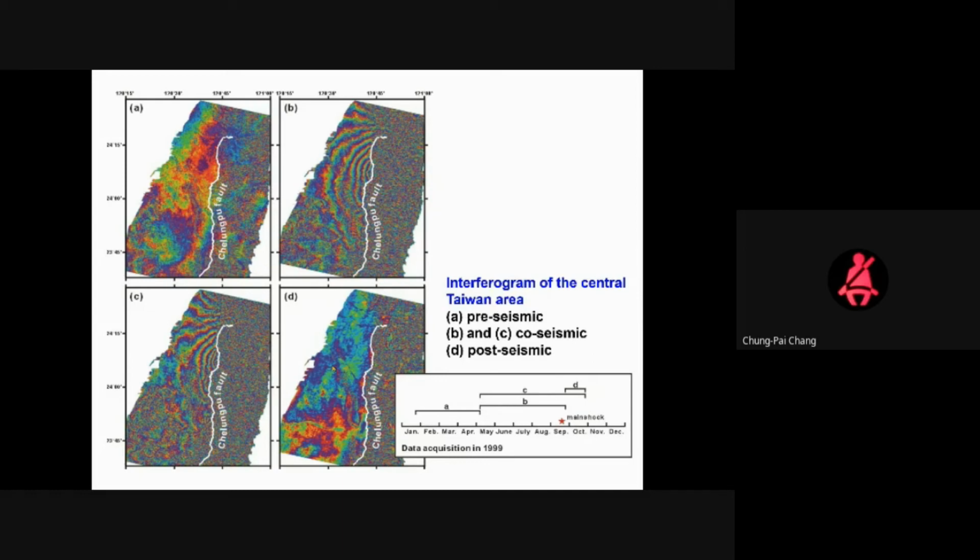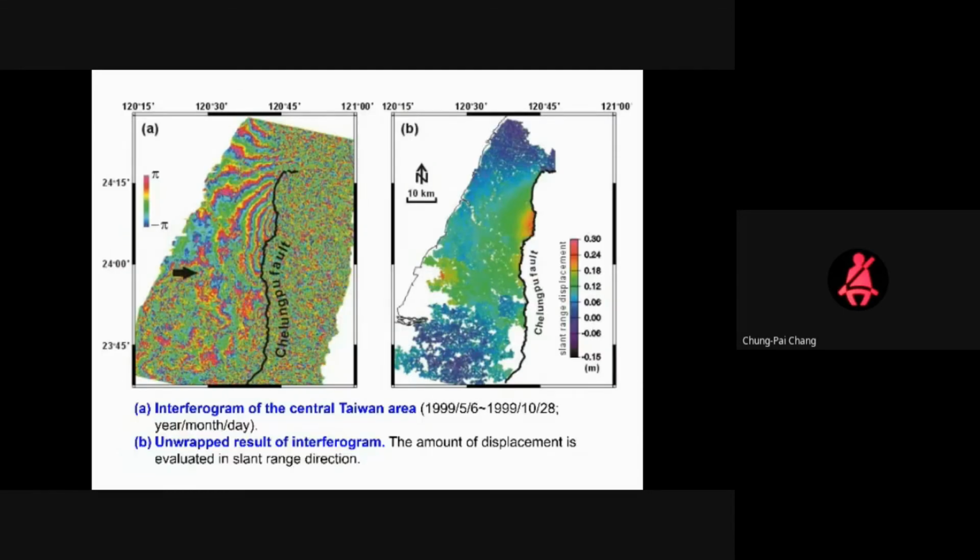Okay, so you can see A and D. You cannot see a clear pattern, but for these two interferograms including the earthquake event, you can see a very similar pattern. This is the Chelungpu fault, the earthquake fault, and in the hanging wall side, you can see very beautiful fringes. These are co-seismic fringes, and we can calculate a lot.